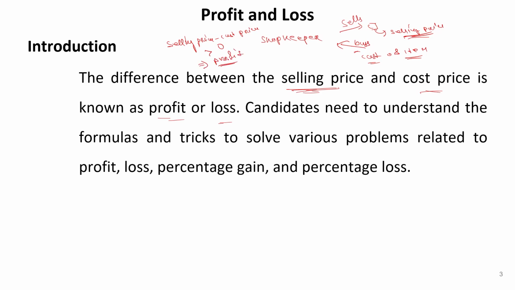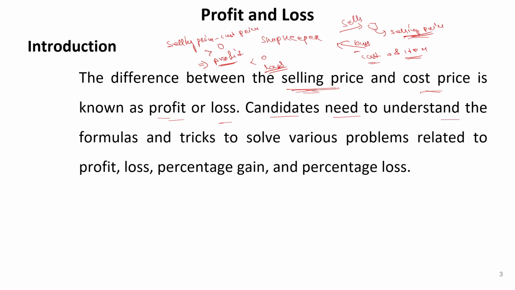He is in profit if he gets more money after deducting all the money he spent on buying that stuff. If selling price minus cost price is less than 0, then we say he is in loss. That's when we calculate the loss.